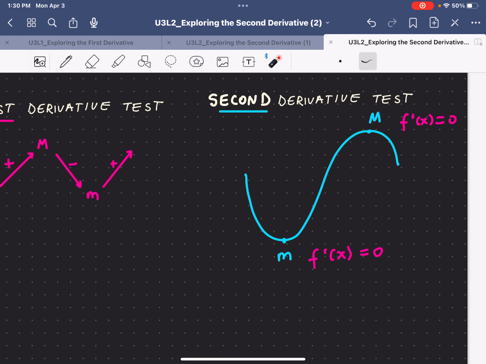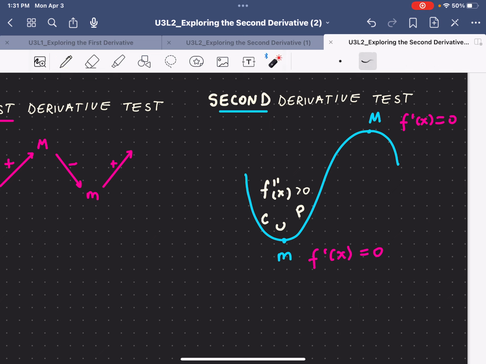So when you look at the minimum point in here and the shape of the graph of the function where the minimum is located, you see that the shape of the graph of this function is in a cup shape. So we have a cup here. So what that means is that the second derivative of the function in this section of the graph will have to be positive.